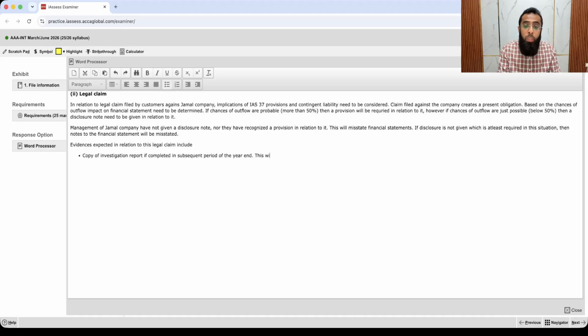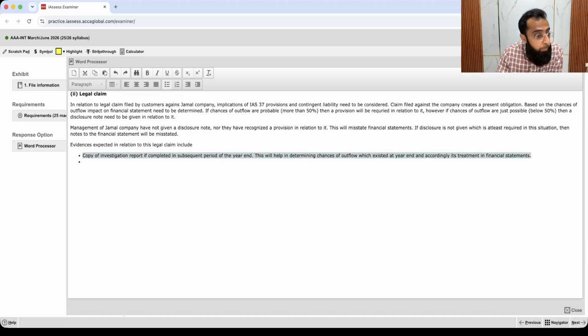Okay, this will help in determining chances of outflow which existed at year end, and accordingly its treatment in financial statements. Or if any correspondence is done, a copy of correspondence with the affected customers who have filed claim against the company.